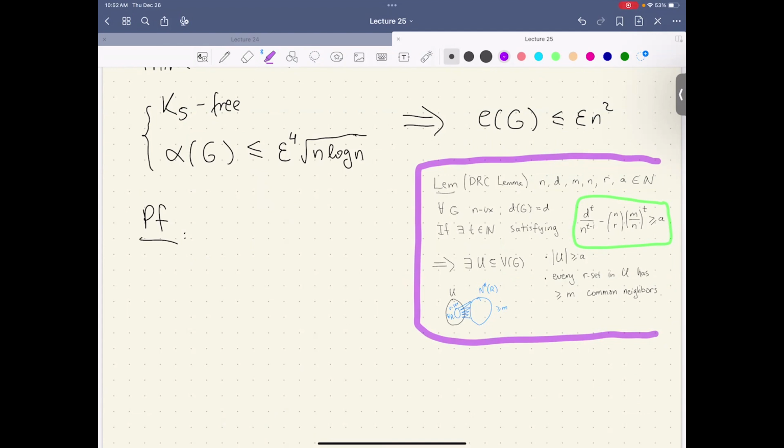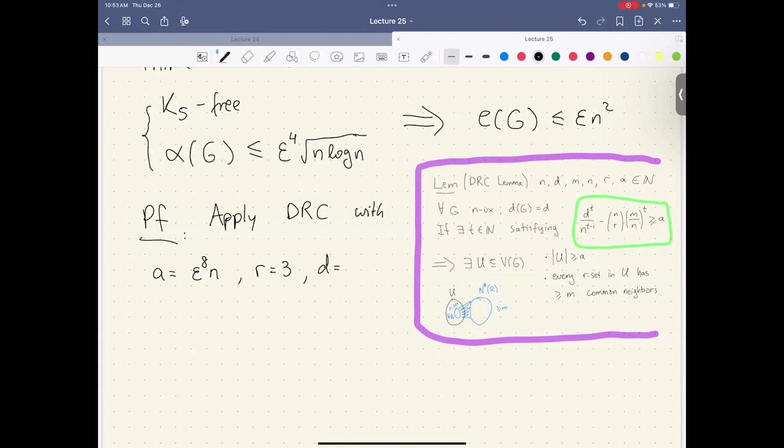We want to apply dependent random choice with this choice of parameter, little a to be epsilon to the 8, and R is 3. So you want all the triples inside to have a large neighborhood.